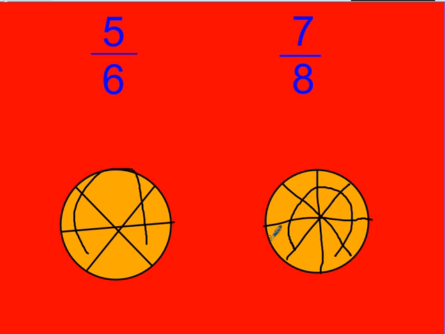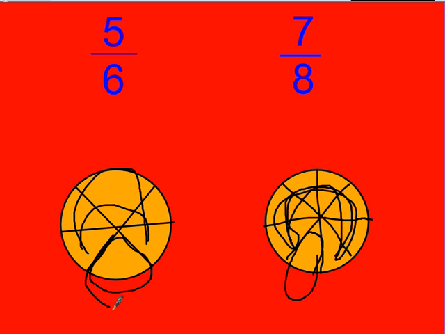So it kind of looks to me like this piece is going to be bigger, so there's going to be a bigger chunk left over than 7/8. So I think 7/8 is a smaller piece, so I'm going to get to eat a lot more than I would here because this piece is so much bigger left over. So I am thinking it's 7/8. But if you agree with me, I would say my drawing is not very accurate.